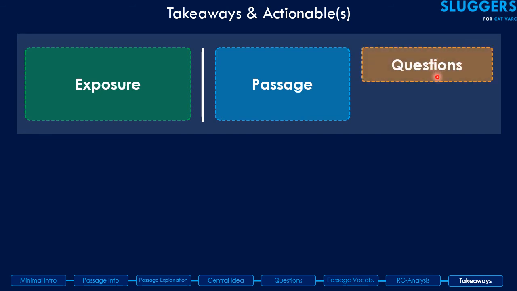Next comes the questions, of course. Now, see guys, every RC question is not always the same. There are some RC questions which pertain to main idea or central idea of the passage. There are some RC questions which are kind of inverted, like we came across the triple TF scenario, right? Where you have words like except, where generally learners end up making silly errors. And then there are some RC questions which pertain to the passage structure, right?